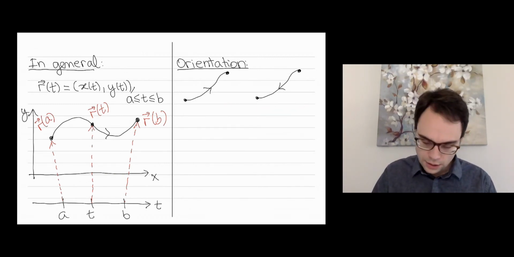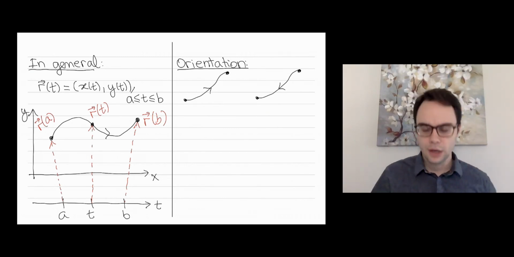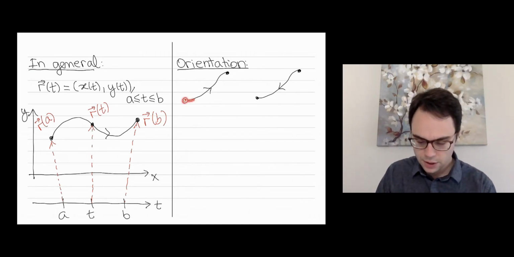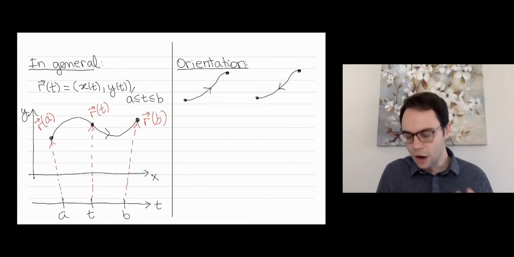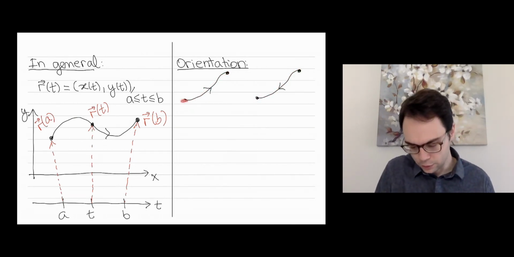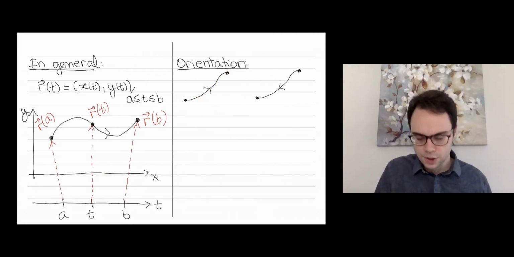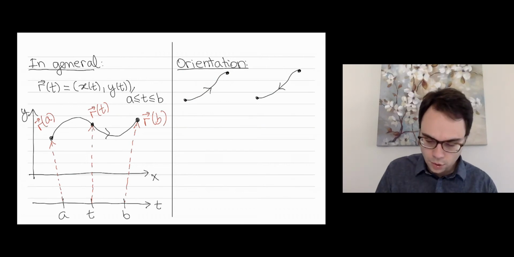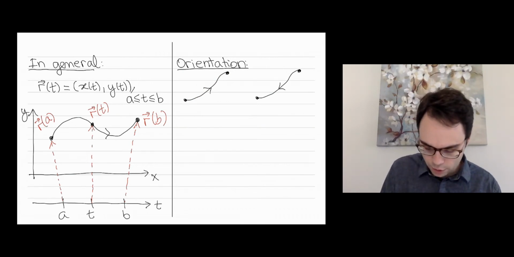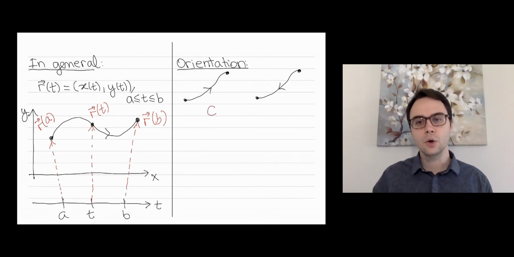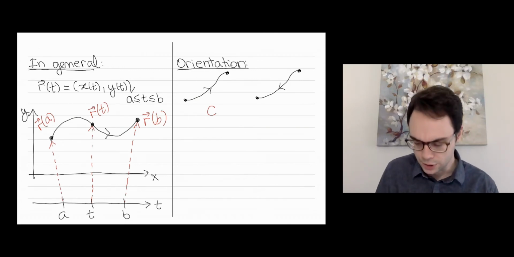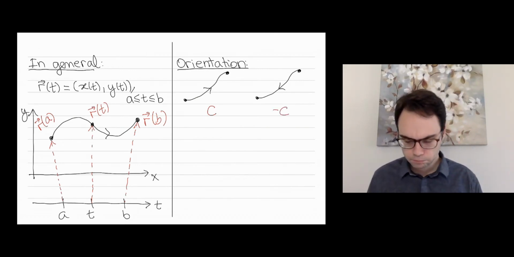It's a physical thing. You can imagine that either a particle starts here and ends there, or it starts there and ends here. But I don't care how fast the particle is moving, whether it's moving really fast at the beginning and then slowly, or going at constant speed throughout. That I don't care about. I just care whether it's going from A to B or from B to A. And I'll have notation: if I call the curve with one of the orientations C, I'll call the same curve but with the opposite orientation minus C.